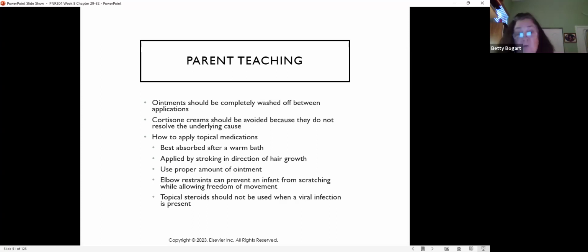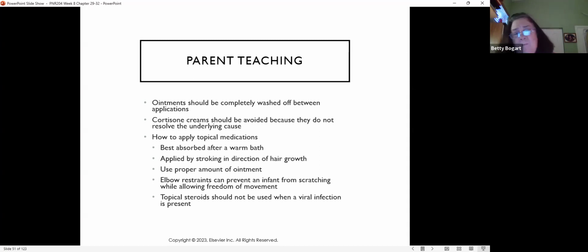Remember, you can overdose on creams and ointments, okay? Cortisone creams, they're avoided, right? And the reason is twofold. Cortisone masks the infection. And number two, it's absorbed in the body and they're getting a big dose of prednisone, which can really have long term effects.